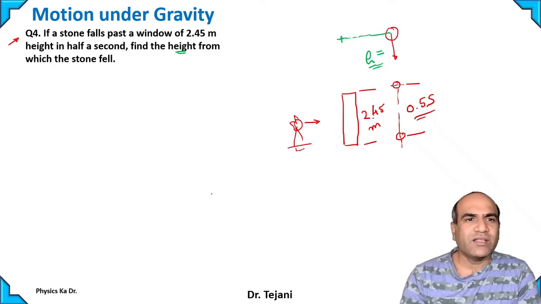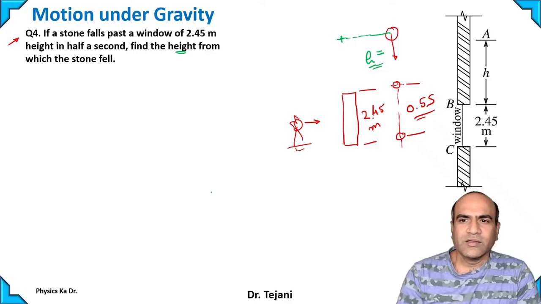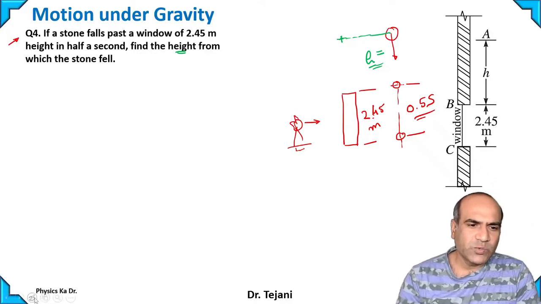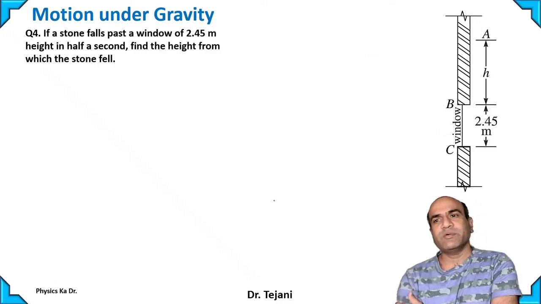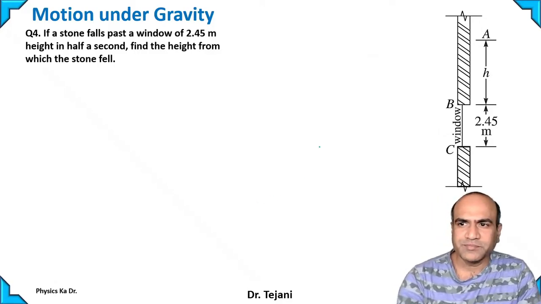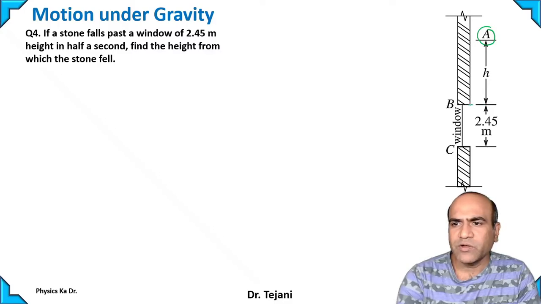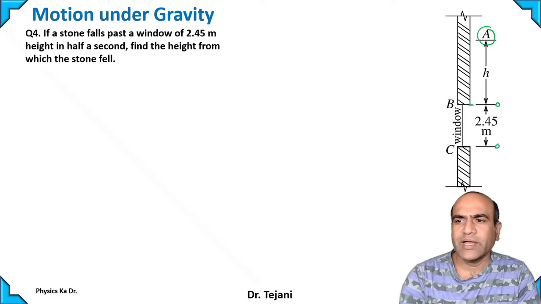So we need to identify this one. We should understand this question thoroughly, and a graphical representation is very much important, right? So let us assume this is our building height from where the stone is falling, h, and from the window, the top of the window, this is now visible, and this is the window height.